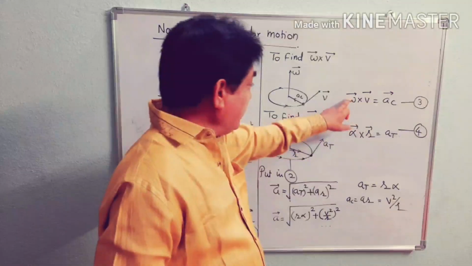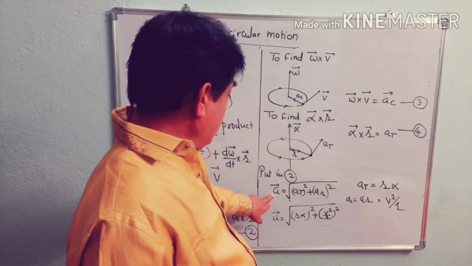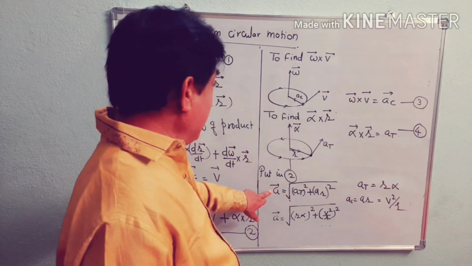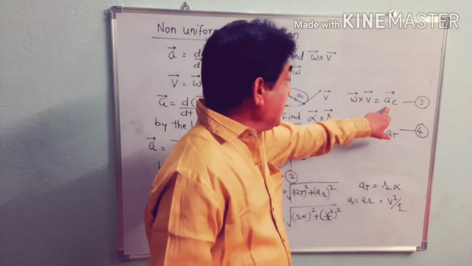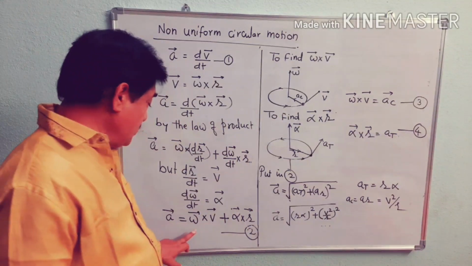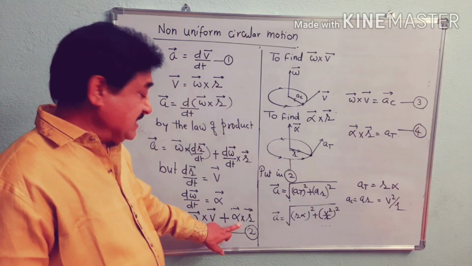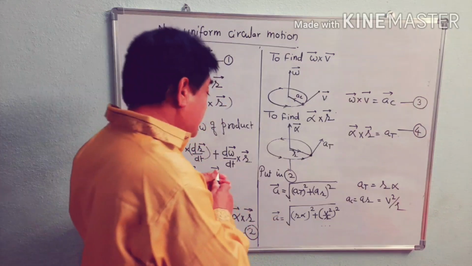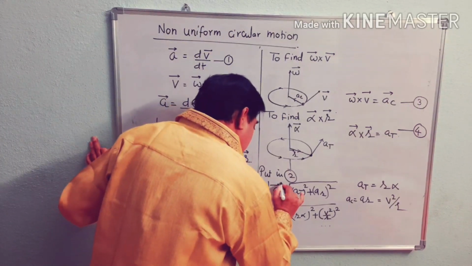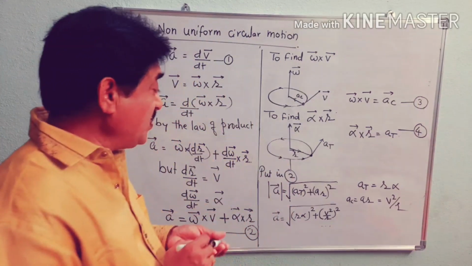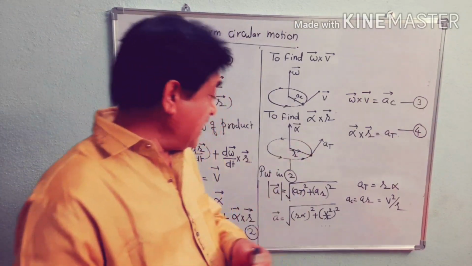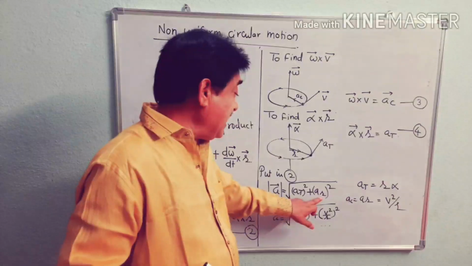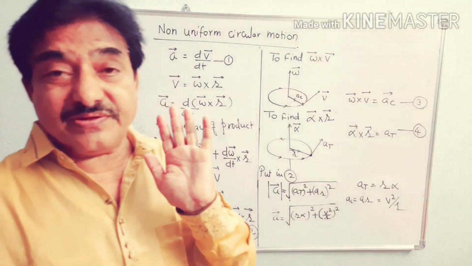So substitute these values in this equation. A is equal to AT plus AC. And here the magnitude of vector A is equal to the square root of AT square plus AR square, because these two vectors, AT and AR, are perpendicular to each other.